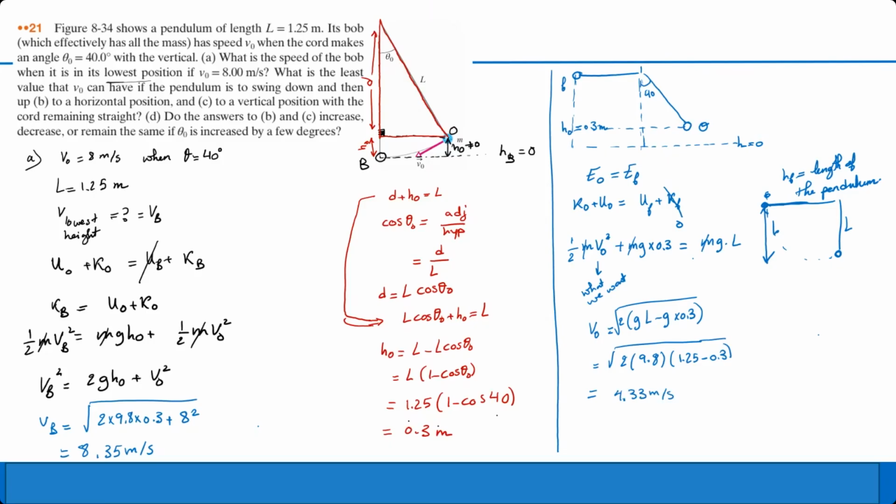In part C, we want, well, things are harder in part C. We actually want the cord to reach the vertical height. So it should go all the way up. Let me just add an empty slide.